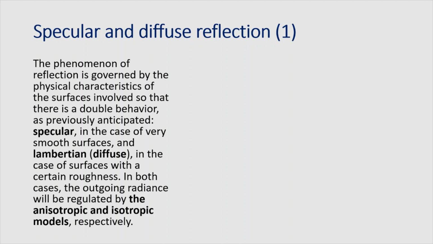When the surfaces are really, really smooth, they can act like a specular surface, like a mirror. And Lambertian or diffuse surfaces in the case of surfaces with a certain roughness. In both cases, the outgoing radiance will be regulated by the anisotropic and isotropic model, respectively.